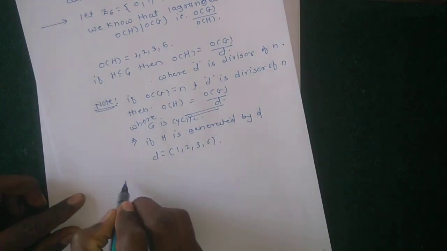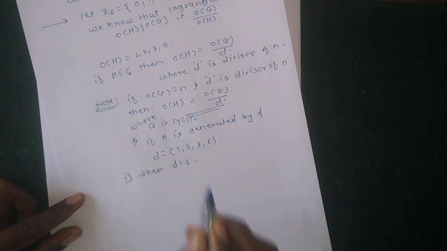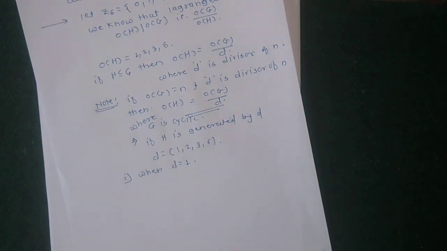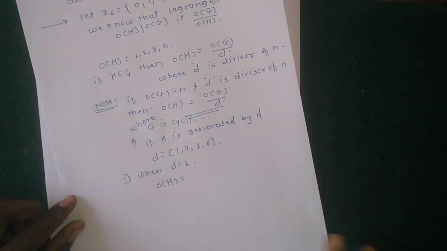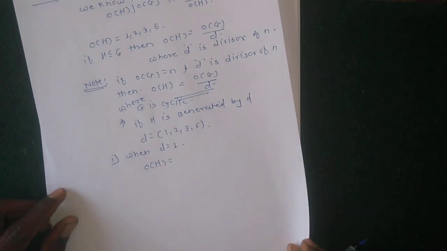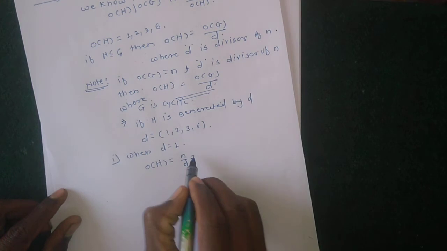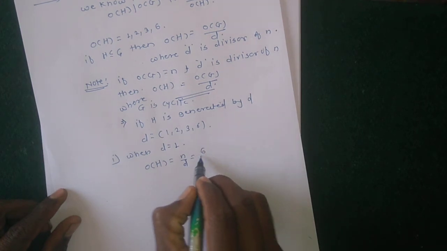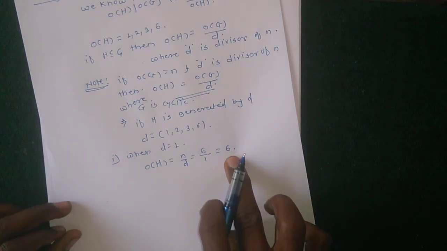Okay, so firstly, when d equals 1, where d is a divisor of n, then the order of H, this is a subgroup, equals n divided by d, here 6 divided by 1 equals 6. That means H contains 6 elements.